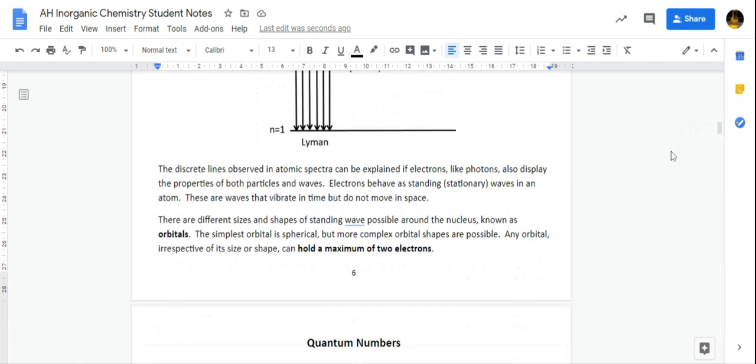And this can be explained if electrons, like photons, display the properties of both particles and waves. Now we say that electrons behave as standing or stationary waves in an atom. These are waves that vibrate in time but do not move in space. There are different sizes and shapes of standing waves that are possible around a nucleus, and these are known as orbitals.